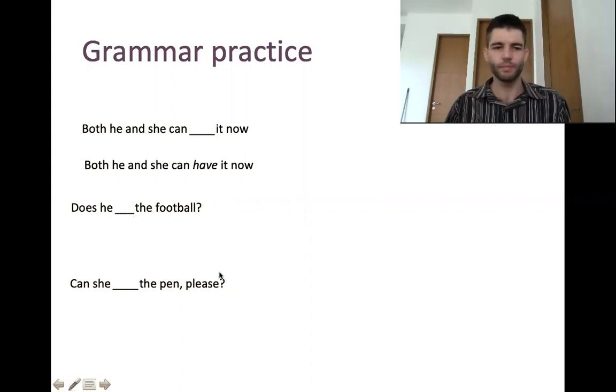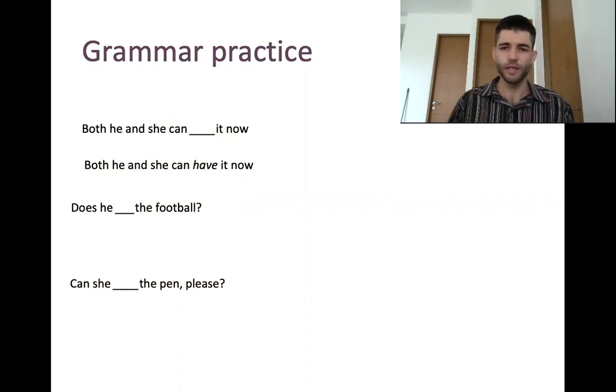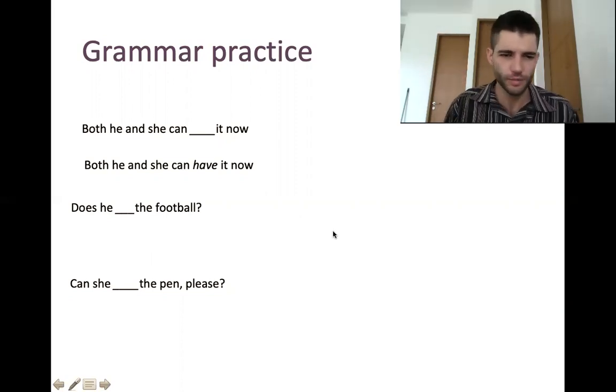So we cannot say both he and she can has it now because there are already 2 people. So we would say both he and she can have it now because the rule says plural nouns goes with have. Okay, let's look at number 2 on this page.